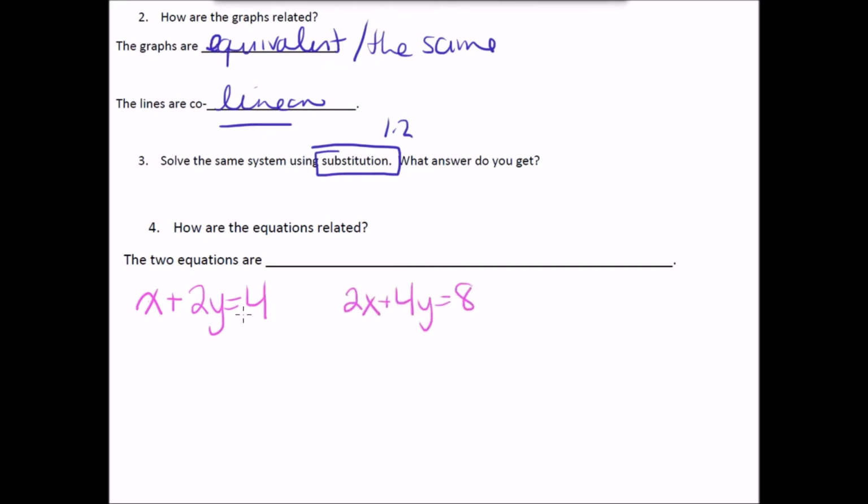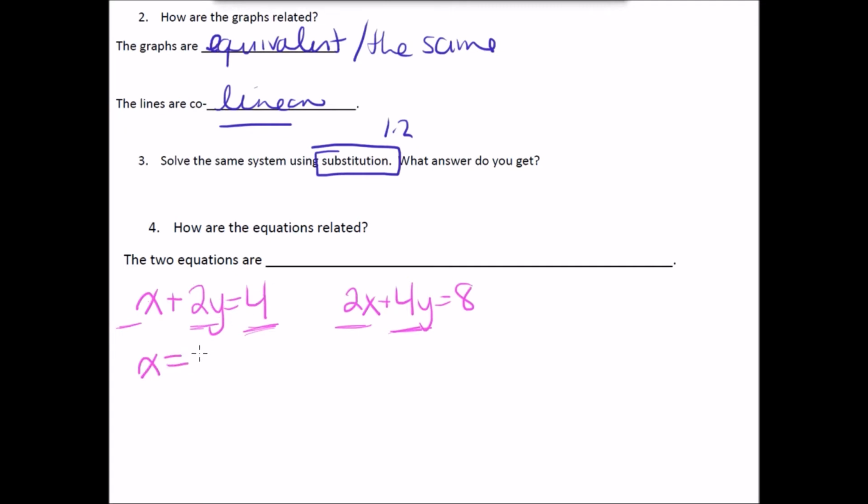Just looking at these, you should be able to notice that the number in front of x is now multiplied by 2, the number in front of y is multiplied by 2, and the constant term is multiplied by 2. But let's see what that looks like if we're using substitution.